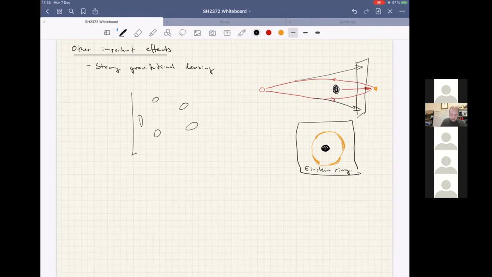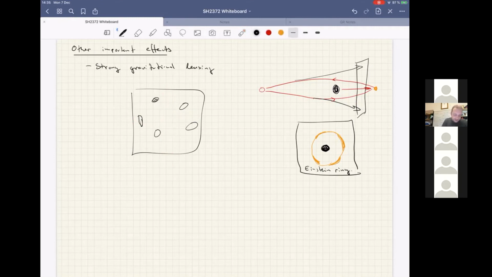So if you look at a statistical sample of galaxies, you can infer the mass distribution in front of that by looking at the statistical properties of the galaxies in the background. So such that, are they stretched out in this direction and pushed together in that direction, or how does it look? So that's microlensing.